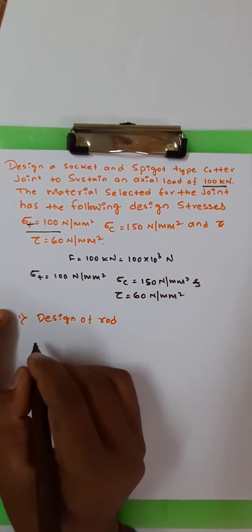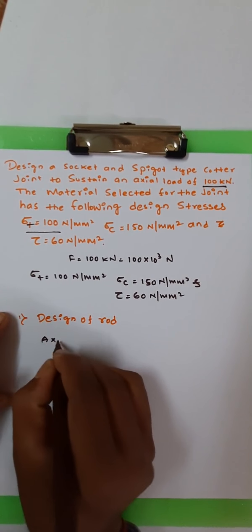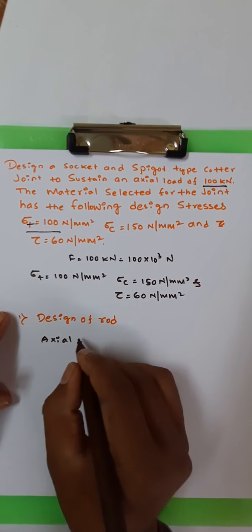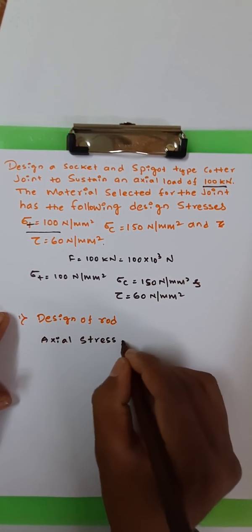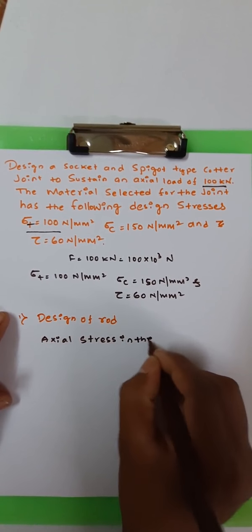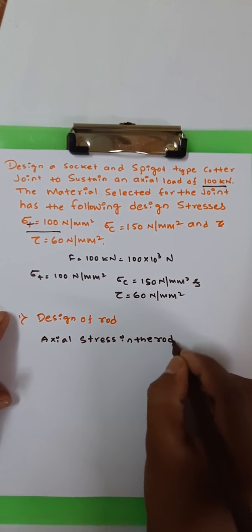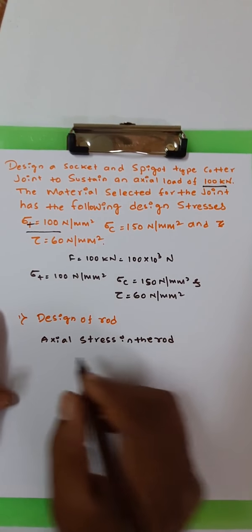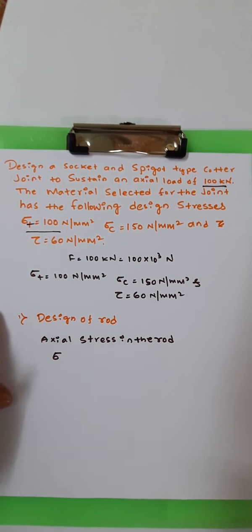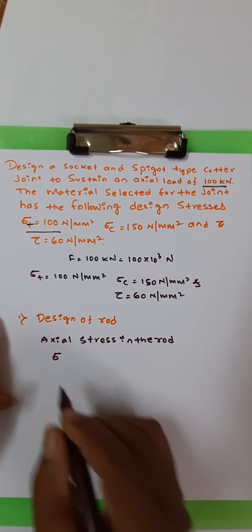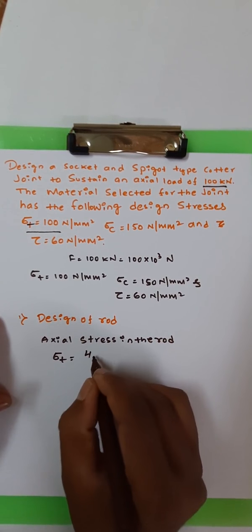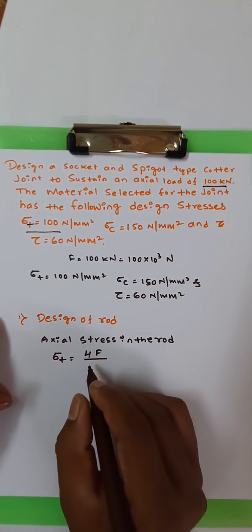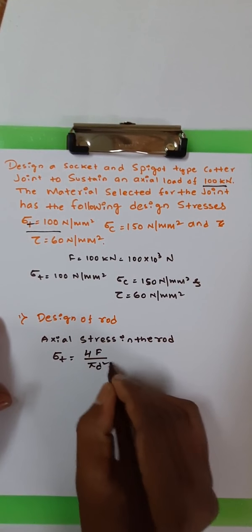So if you want to find the axial stress in the rod, that is sigma t is equal to 4F divided by pi d square.